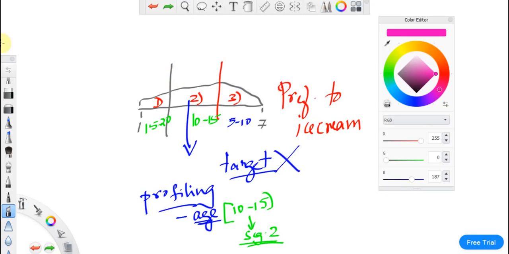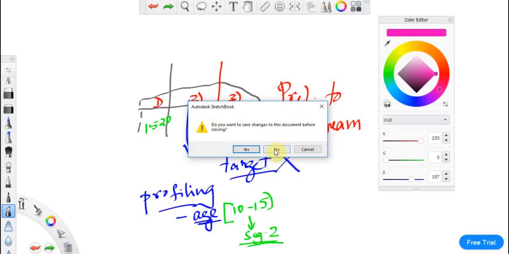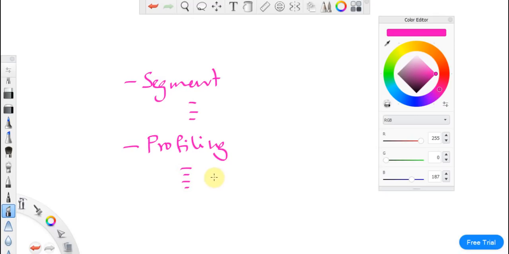So there are two key ideas in segmentation. One is you segment based on some variables, then you do the profiling based on some variables. We can do segmentation based on any variables of your interest.